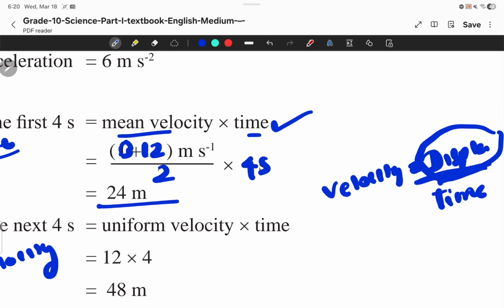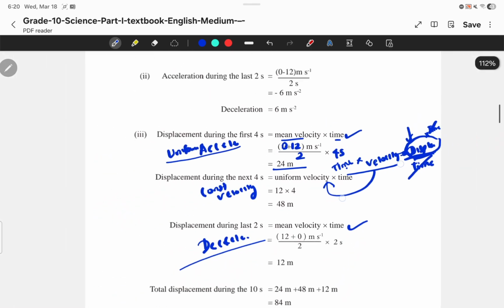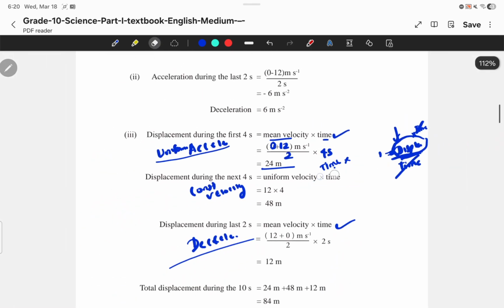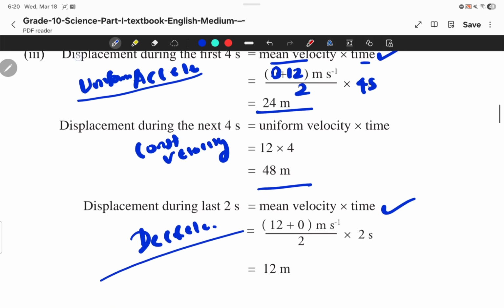As time is in the denominator here, you can multiply both sides by the time. Then time cancels, only the displacement remains on this side, and displacement is equal to what? Velocity into time. That's what is written here. So uniform velocity into time equals 12 into 4, which becomes 48.